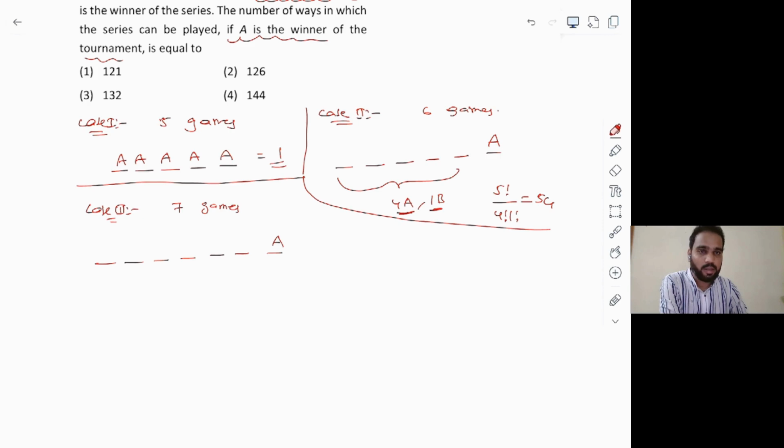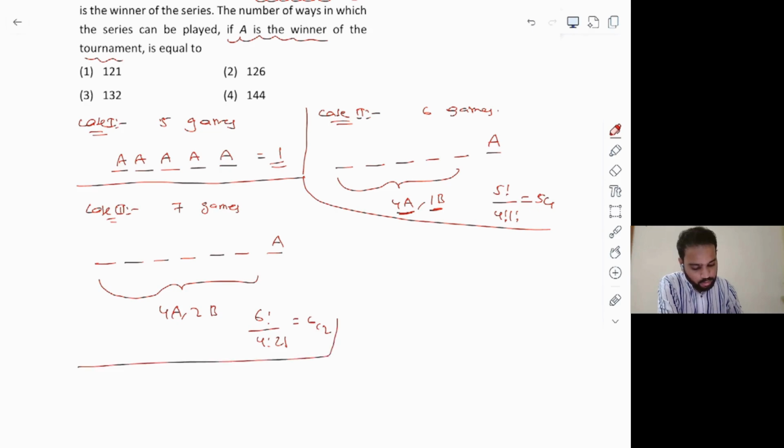Which means again, the last game must be won by person A. So if the last game is won by person A, in the remaining 6 previous games, person A has to win 4 games, and totally 6 games are remaining. So out of that, if 4 games are won by A, the remaining 2 must be won by B. So which is nothing but the arrangement 6 factorial divided by 4 factorial into 2 factorial, which is obviously 6C2. This is case number 3.